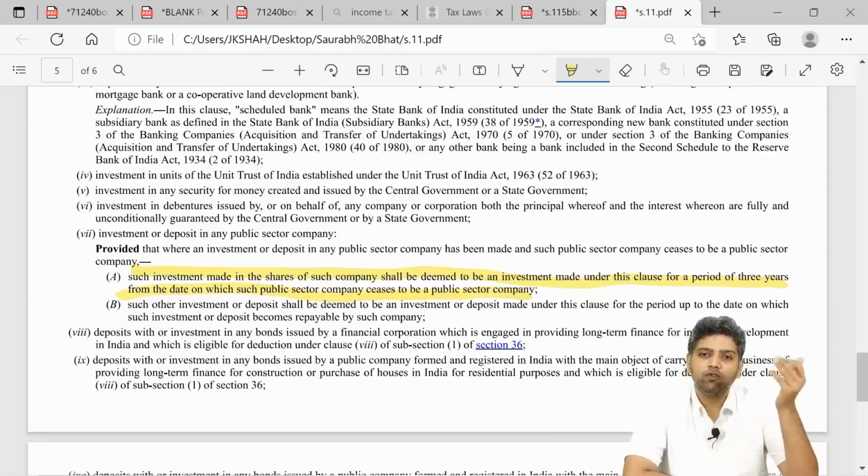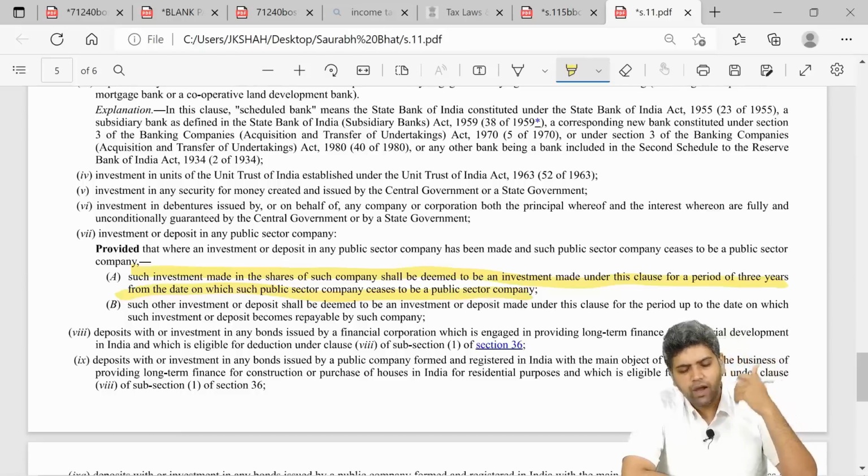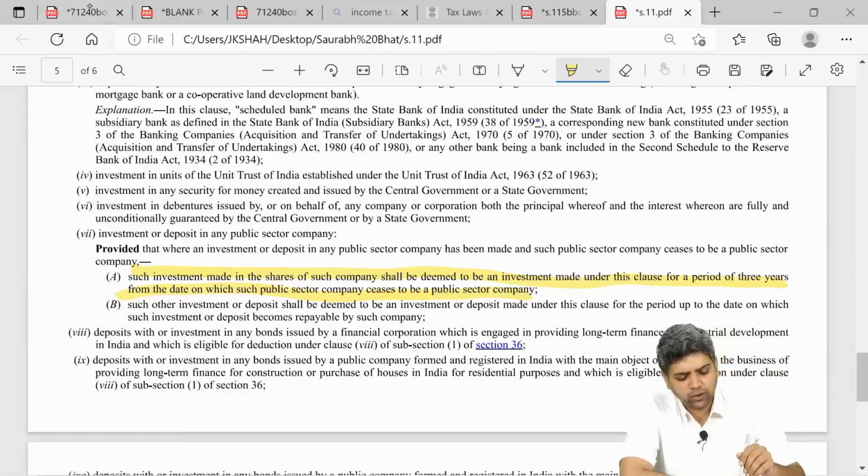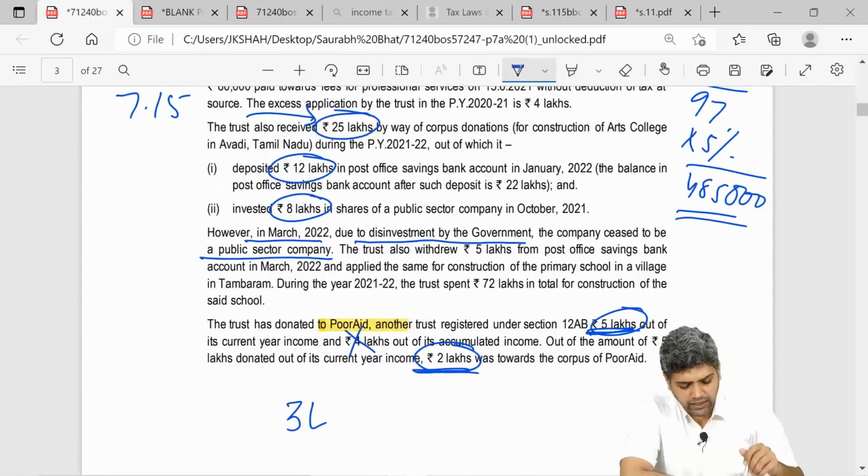When I invested, it was a public sector company. That fact is undeniable. In March 2022, it ceased to be a public sector company, not due to my fault. So I am now given a period of 3 years to withdraw that amount from such shares. So as on today, March 2022, I am not in violation. I have not done any violation.